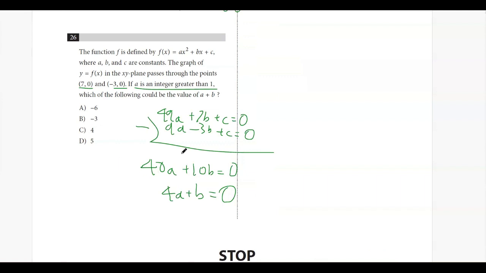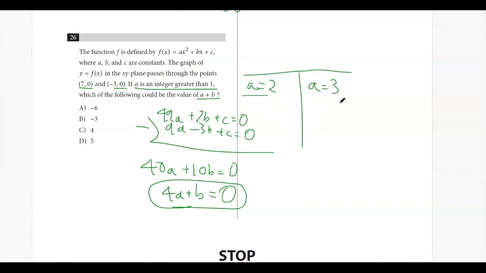So I'm going to pick, let's say, a is 2 and a is 3. And this needs to be satisfied here in order to guess what the value of a plus b can be. So I'll go ahead and check this case out first.